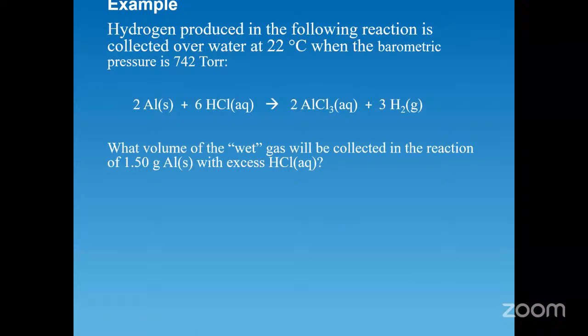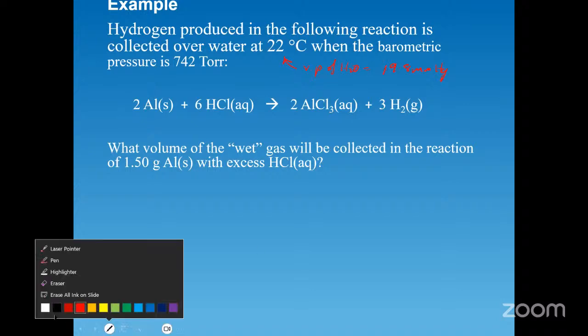So let me write here that at 22 degrees, the vapor pressure of H2O is 19.8 millimeters mercury. All right, so that's a very important piece of information that you're going to need in order to answer this question.